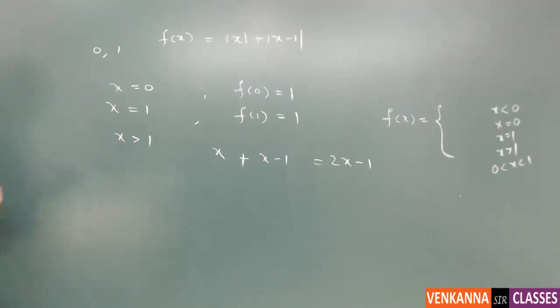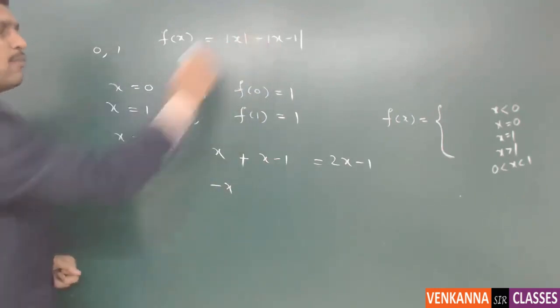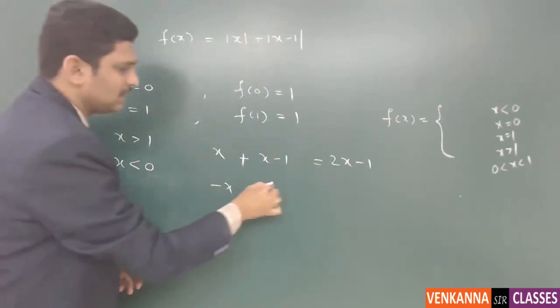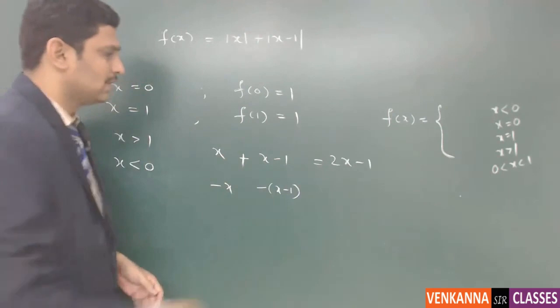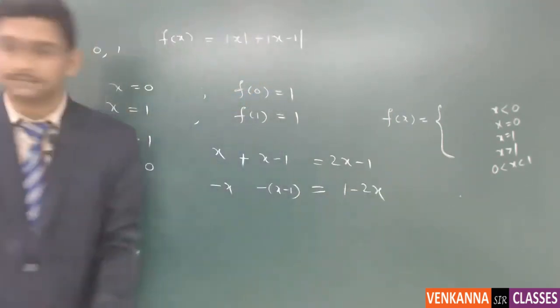Fine. Suppose x is less than 0, say minus 0.5, minus 0.3, etc. In such a case, mod x will be minus x, mod of x minus 1 will be minus of x minus 1, and if you sum up the values, it will be 1 minus 2x.